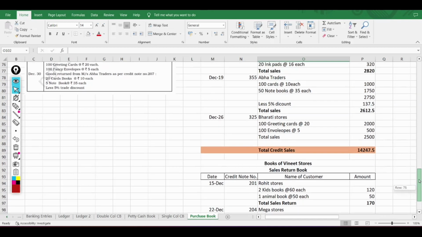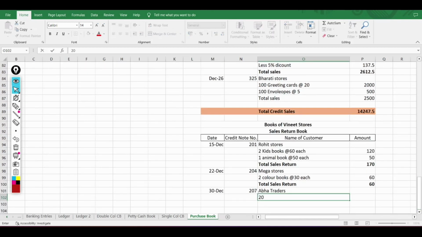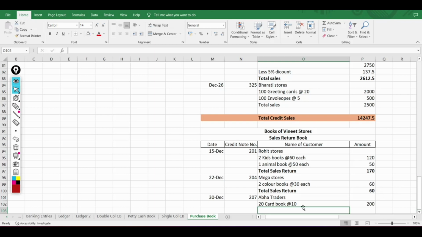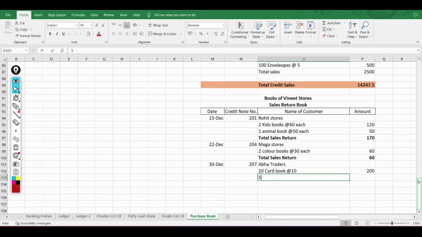That is 20 card books at 10, 5 notebooks at 35. 20 card books at 10, that is 20 into 10, and 5 notebooks at 35 each, that is 5 into 35, 175.